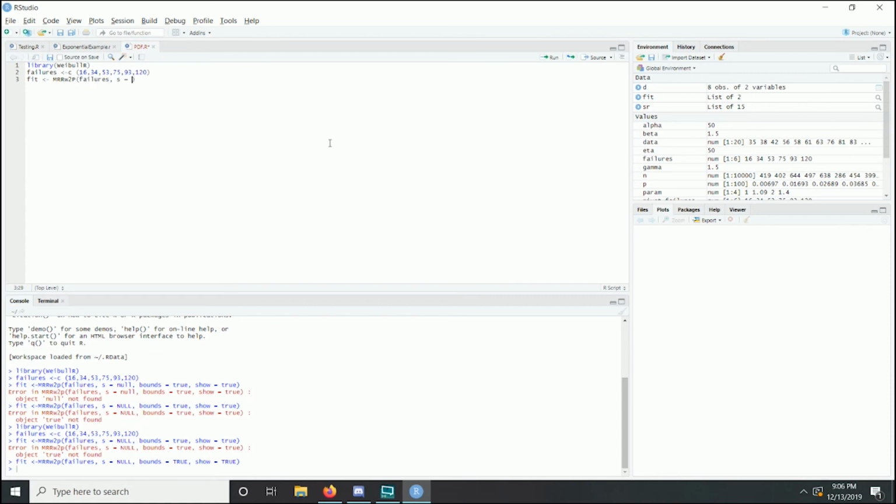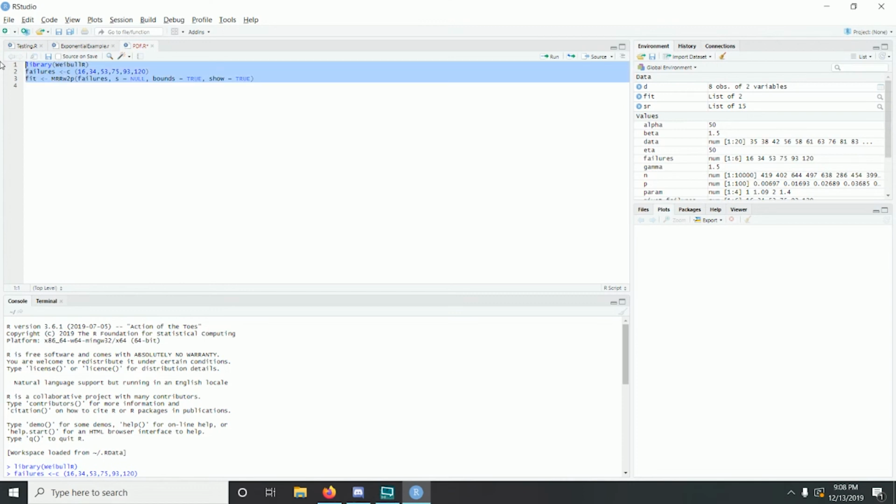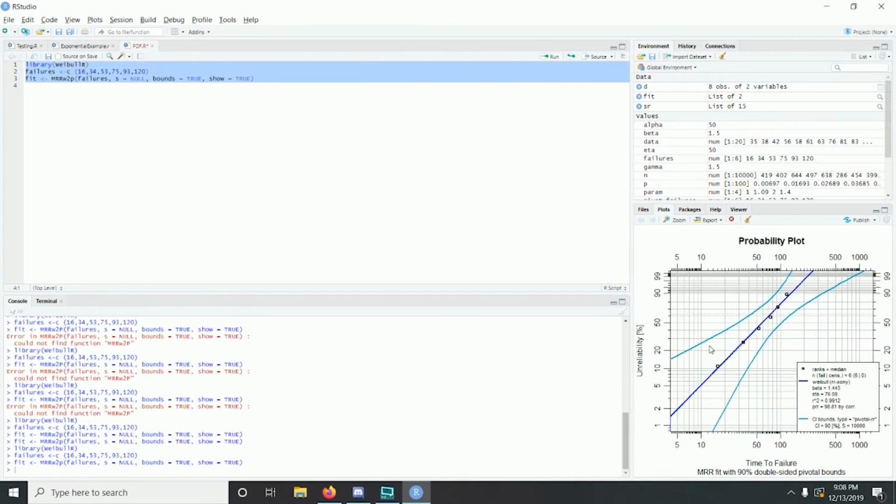S stands for successive, but since we don't have any in this data set, we're just not going to graph it. We're going to show our bounds, so we're going to set bounds equal to true, and we're also going to show our graph. If you highlight it all and run it, this graph should show up, which matches not only our unreliability up to 99%, but it also has our data plots with a best fit line and our upper and lower bounds.